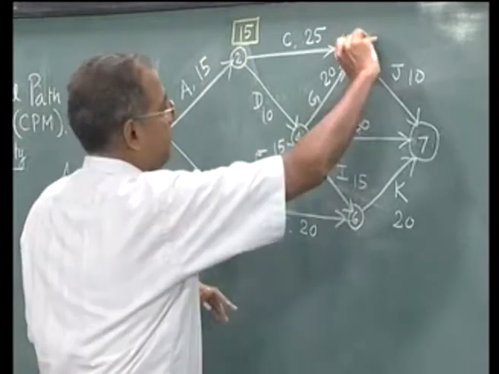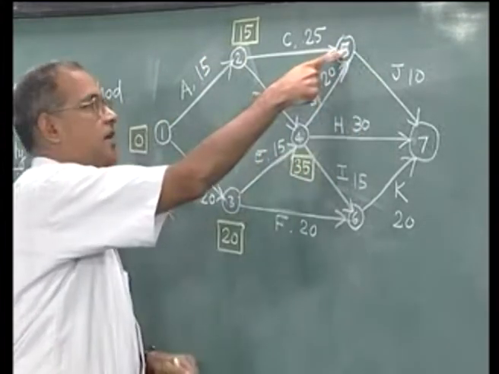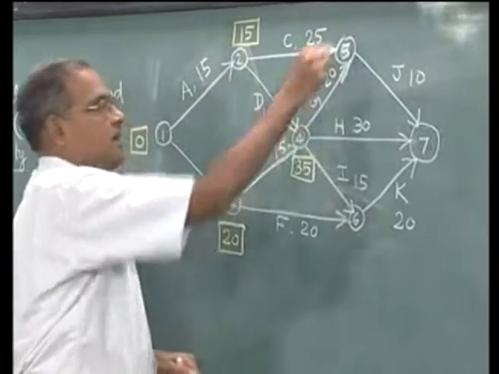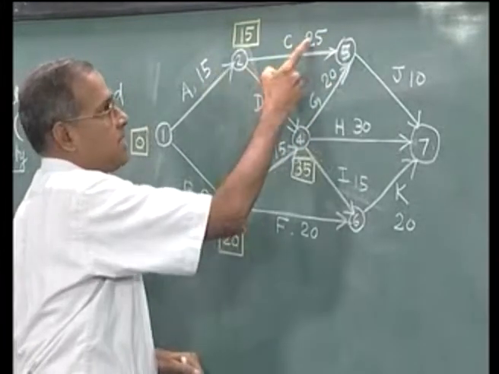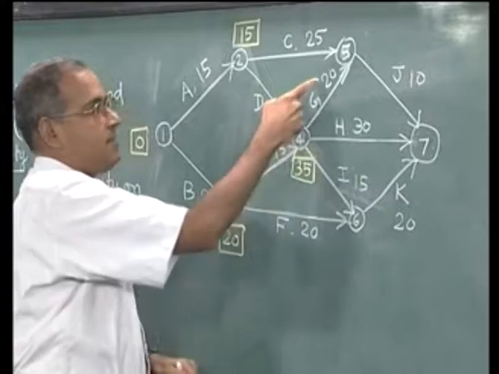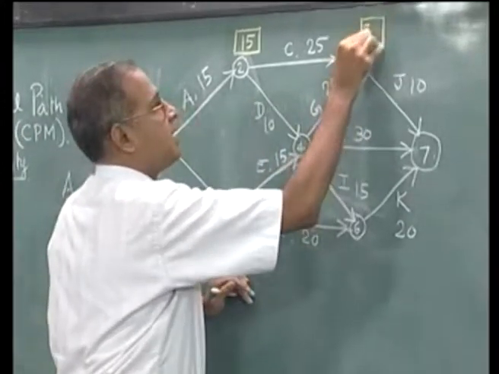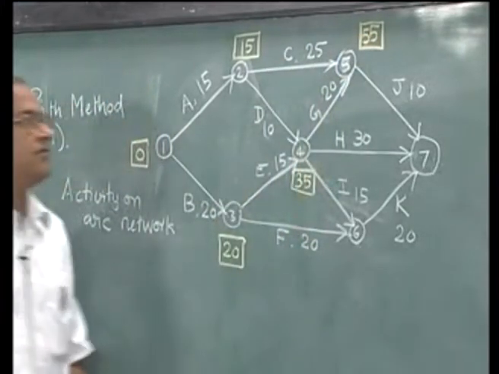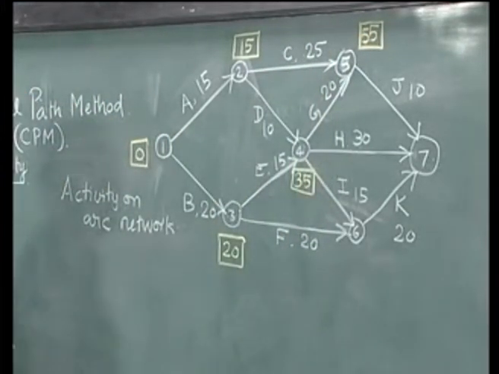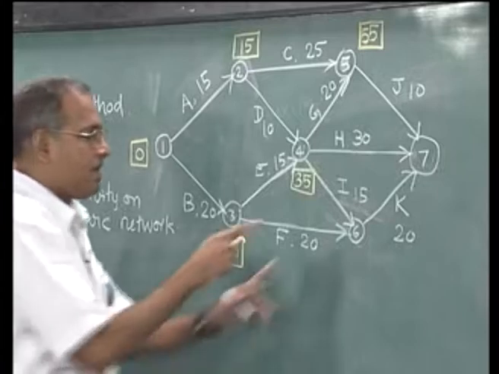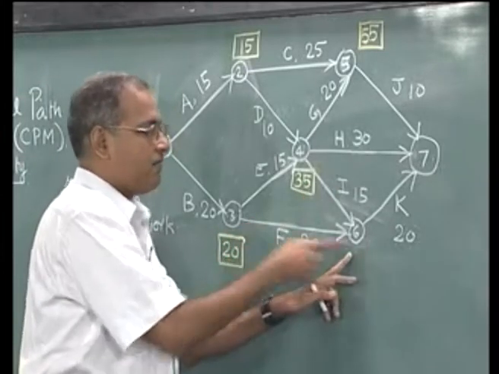Now, similarly for 5, this indicates the point where C and G are completed. So, it is 15 plus 25, 40, 35 plus 20, 55. So, earliest C and G can be completed is the maximum of 40 and 55. So, we get 55. Similarly, this indicates I and F completed.